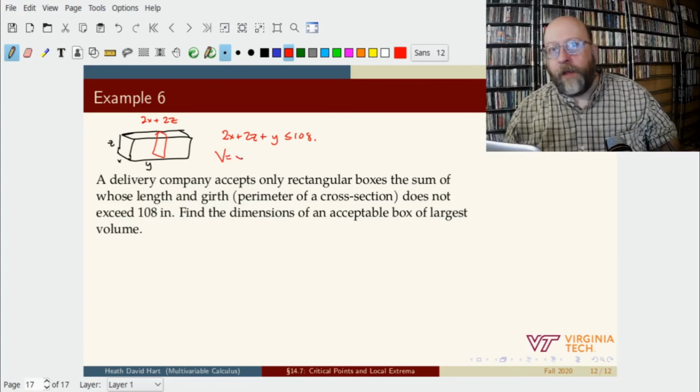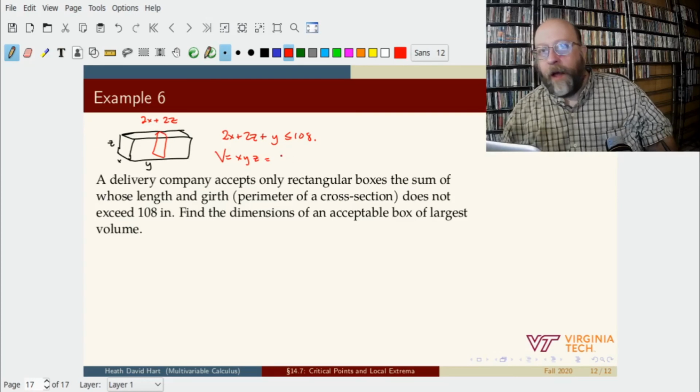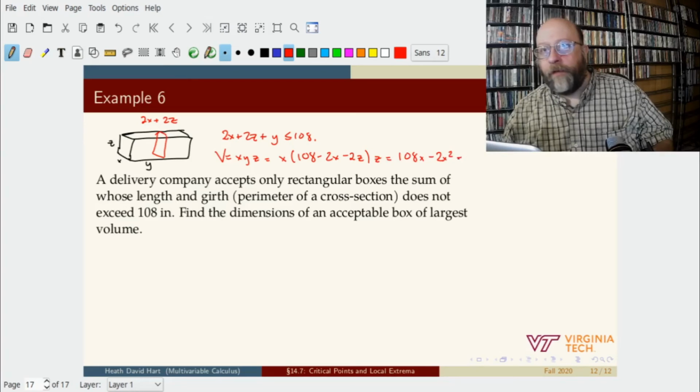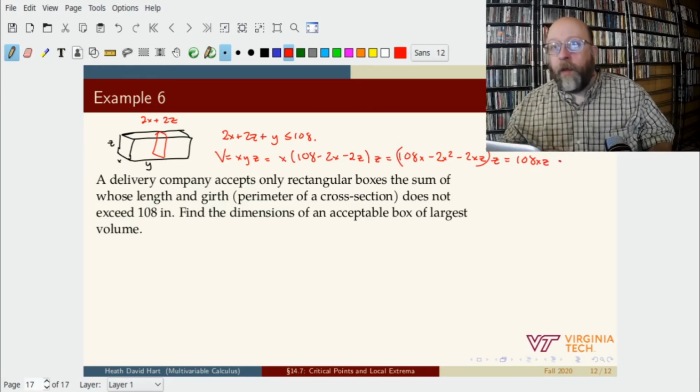Well, the volume is xyz, which is the same thing as x times, I'm going to substitute for y here, 108 minus 2x minus 2z times z, which is the same thing as 108xz minus 2x squared z minus 2xz squared.